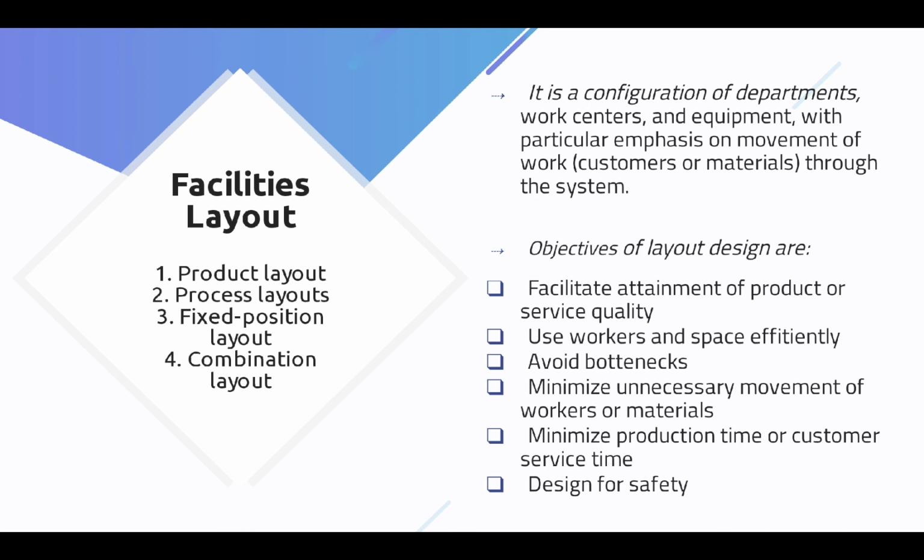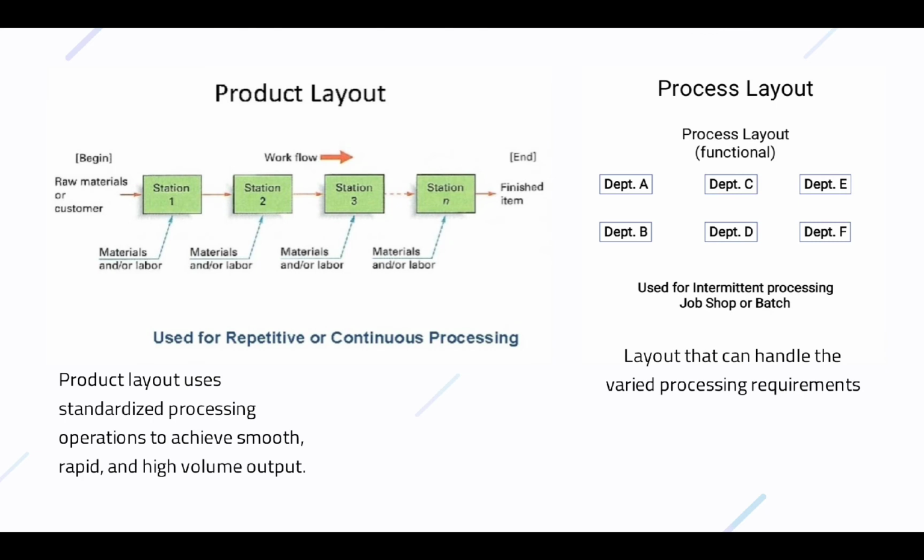The objectives of layout design are to facilitate attainment of product or service quality, use workers and space efficiently, avoid bottlenecks, minimize unnecessary movement of workers or materials, minimize production time or customer service time, and be designed for safety. Here are the illustrations of a product layout and process layout.